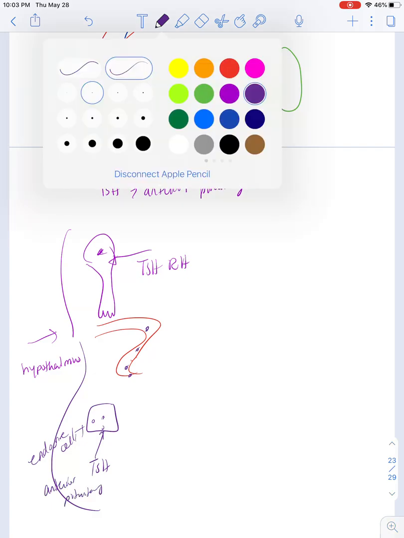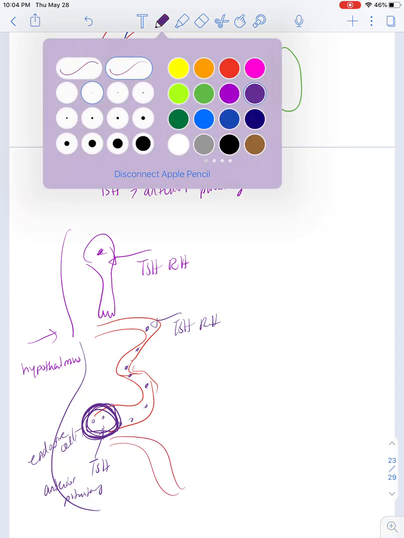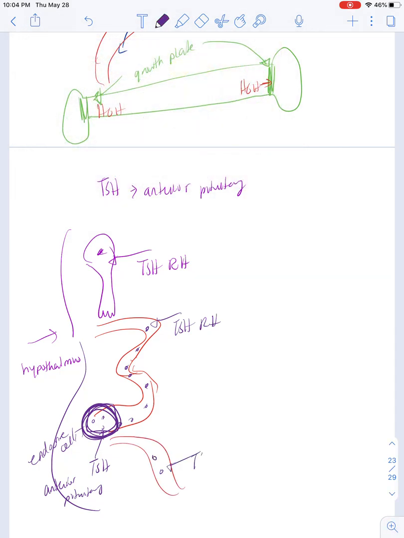Okay, so here we go. TSH, RH travels through the blood, goes to this endocrine cell, tells it to release the actual TSH. Now here's TSH right here, and it's targeting your thyroid gland.